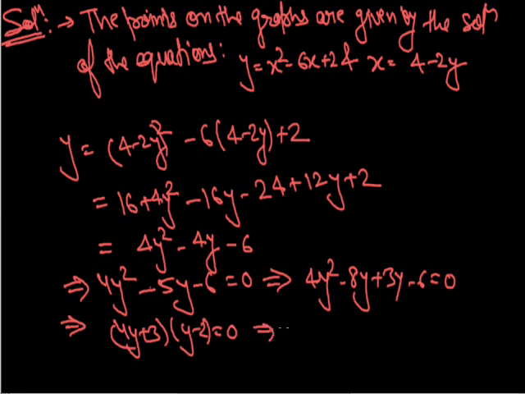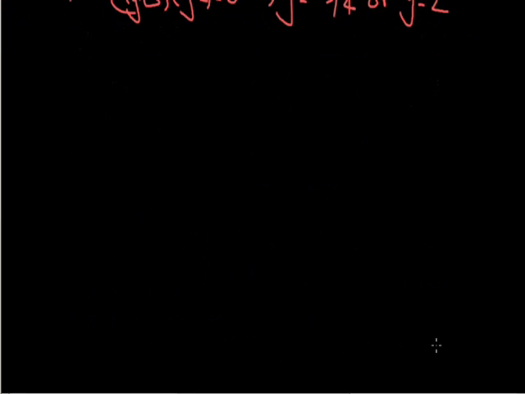From here we will have the value of y is equal to minus 3 by 4 or y is equal to 2. By substituting the value of y in one of the above equations, we have x is equal to 11 by 2 or x is equal to 0.